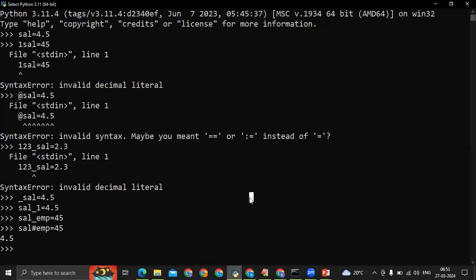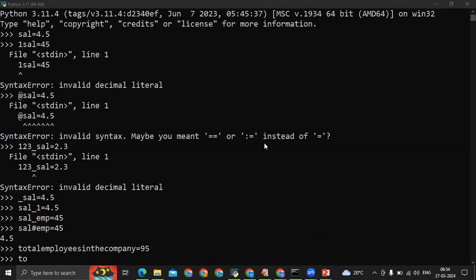If I write total employees in the company = 95 with underscores, it is acceptable.